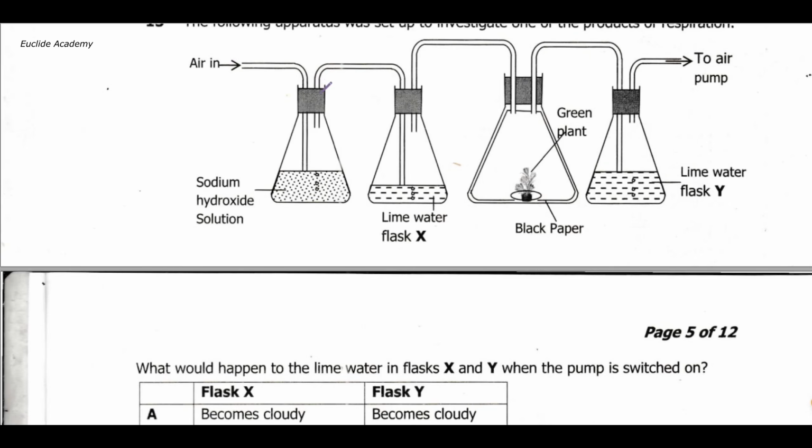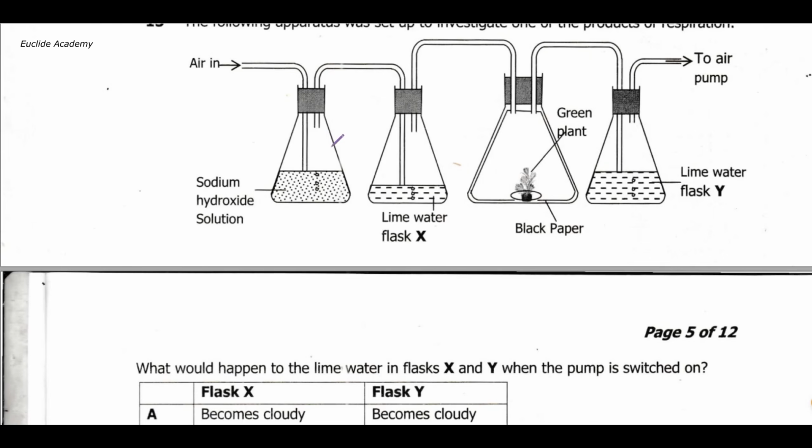When air comes into this flask, it meets sodium hydroxide. What is the job of sodium hydroxide? The property of sodium hydroxide is that it removes carbon dioxide from air, or it absorbs carbon dioxide.